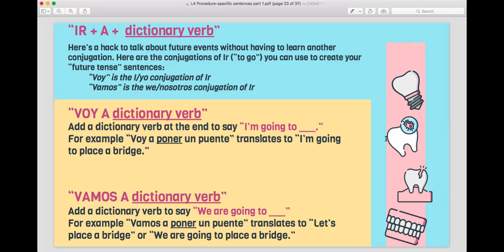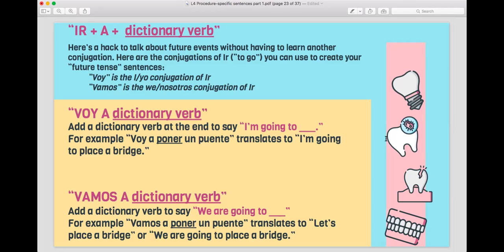And in the yo form, ir is voy, and in the nosotros or we form, it's vamos. So the way you add this together, typically in Spanish, when you have two verbs forming a phrase together, the first verb, which in this case is ir, will be conjugated. And the second verb you could just keep in its dictionary form, so you don't need to conjugate it.